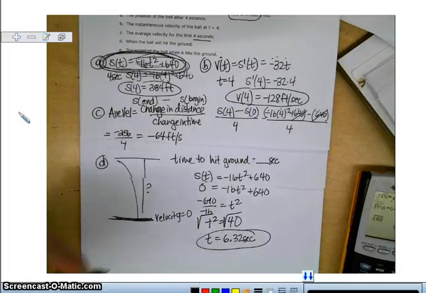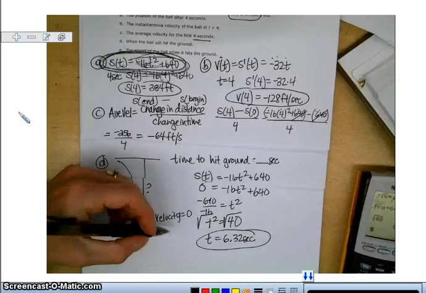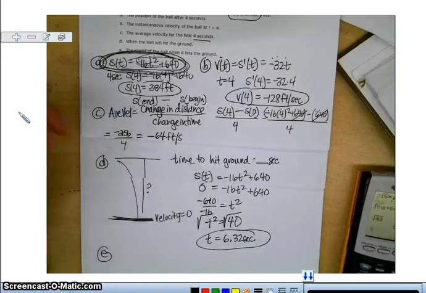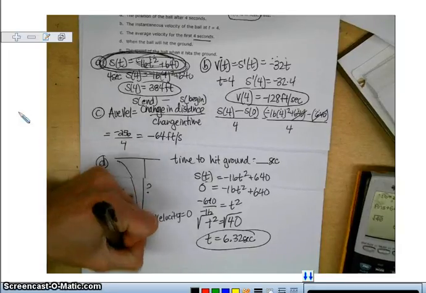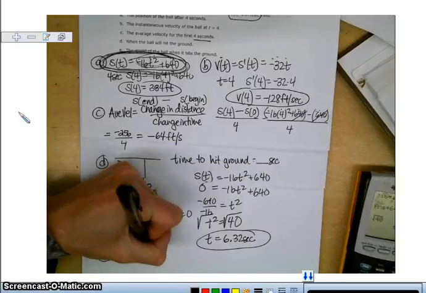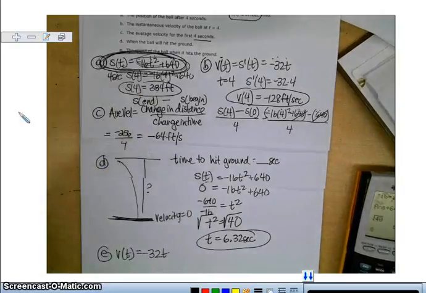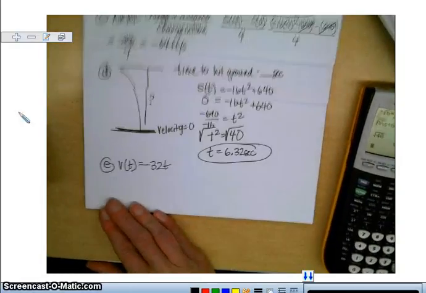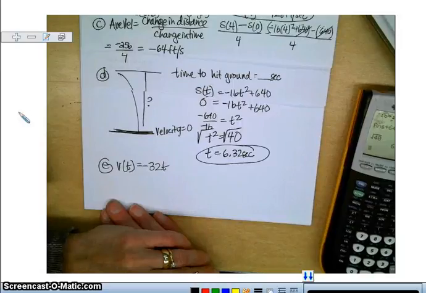And finally, the last part, the speed of the ball when it hits the ground. So speed is what of our functions? Speed is the same as what? Velocity. So our velocity function is negative 32t.